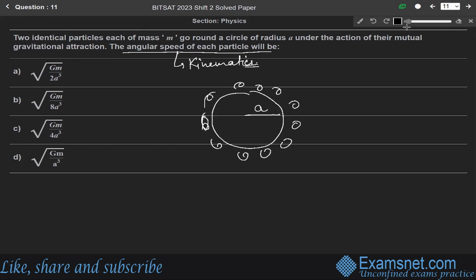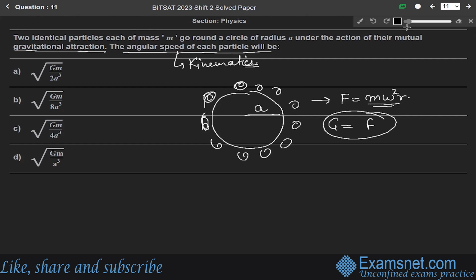Since the particles are moving around the circle, there is a force acting, that is the centrifugal force. The centrifugal force is given by F equals m omega square r, and they are moving under mutual gravitational attraction. So this gravitational attraction must be equal to this centrifugal force.